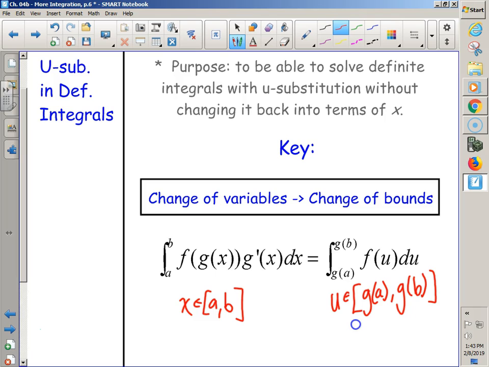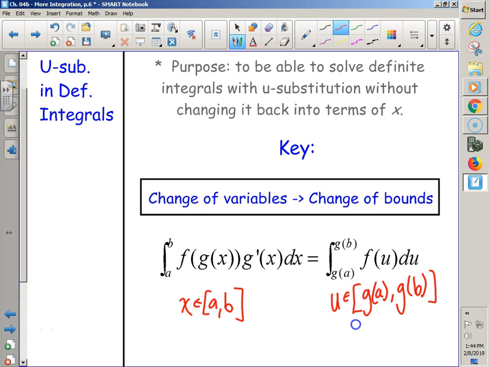What are those AP guys going to do? They're not going to take away everything, but they are going to. That's incorrect. You cannot solve a definite integral in terms of u with x bounds. It's not possible. Or I shouldn't say it's not possible. It's not precise. It's not perfect. There's a hole in your argument. We've talked about that earlier this year.